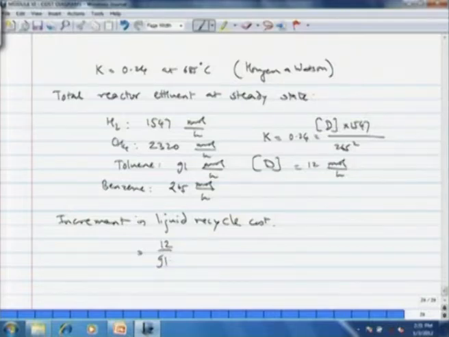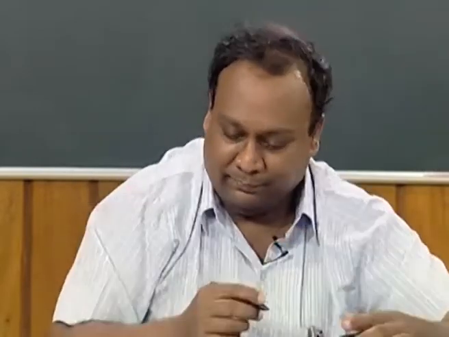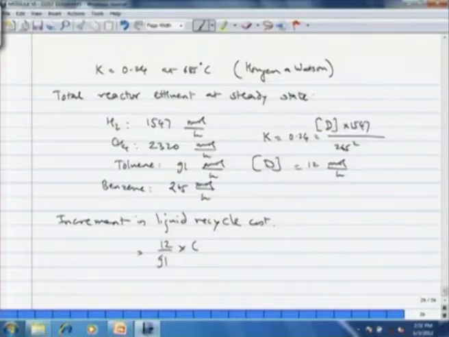Why? Because when diphenyl was recovered as the side product, 91 moles of toluene were recycled. So, whatever costs are given for the liquid recycle are for the 91 moles. Now, the liquid recycle will be 91 plus 12. So, obviously, all of the cost will go up by the ratio 12 by 91. So, 12 by 91 into 4 plus 13 plus 7 plus 43 plus 39. Look at the cost allocation diagram to pick up these quantities.